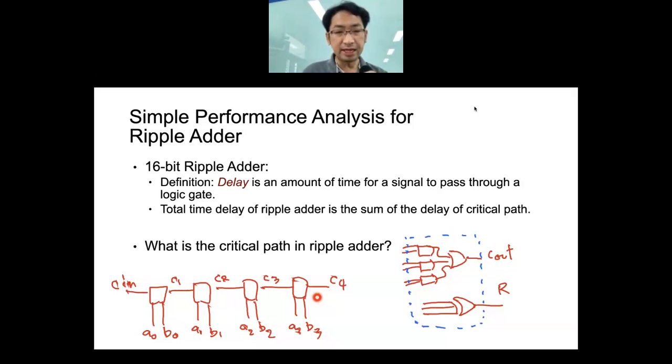The circuit will continue like this until C16, right? So the question is, what is the critical part of this kind of ripple adder?